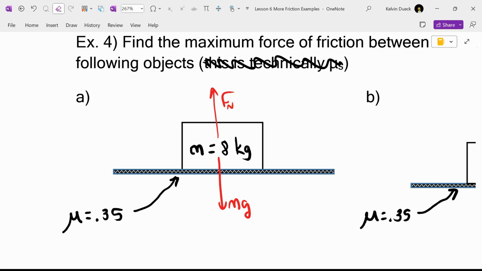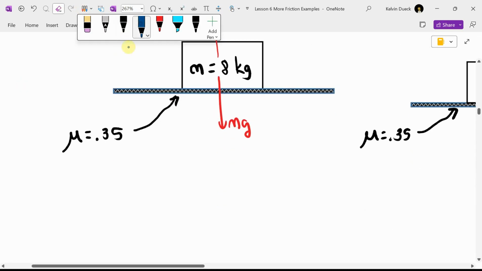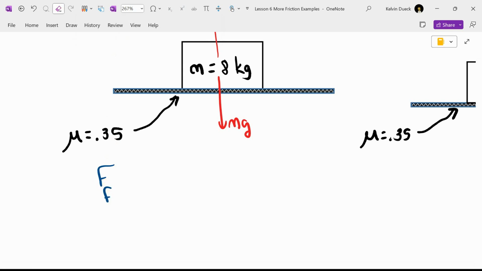Now, this is asking us to find the maximum force of friction. How do I calculate friction, Lorenzo, from my formula sheet? Friction equals what times what? Look carefully on your formula sheet. Friction equals what times what? Good. That will always be the equation for the force of friction.